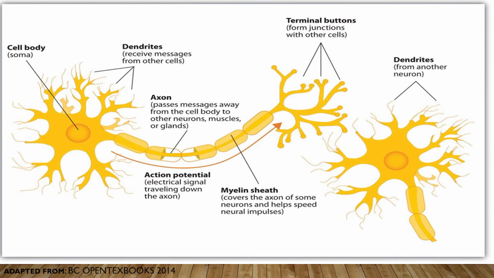They are covered by myelin sheath. These myelin sheaths are insulators. They speed up neural impulses. That is what the myelin sheath does.